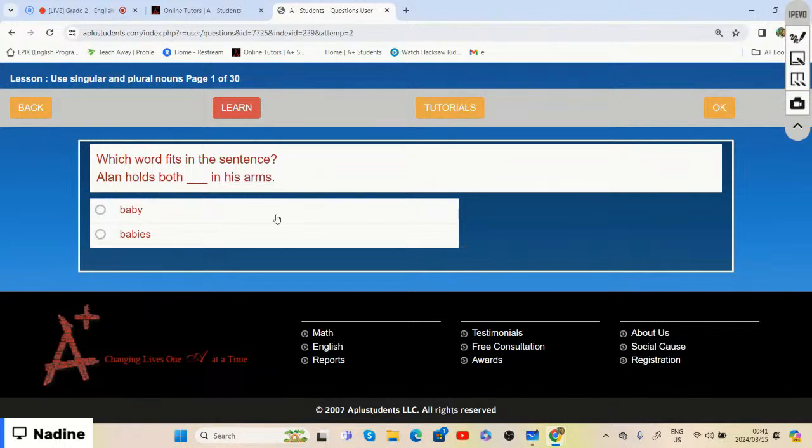So we can say he holds both babies in his arms. All right. So we can say it is babies. So well done. Babies is correct.